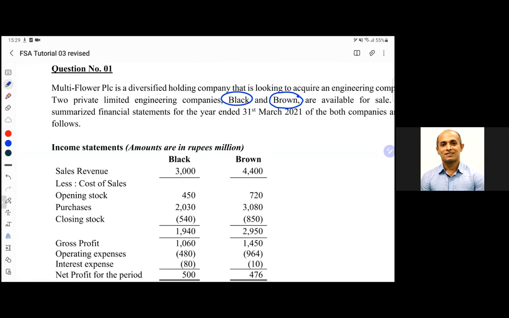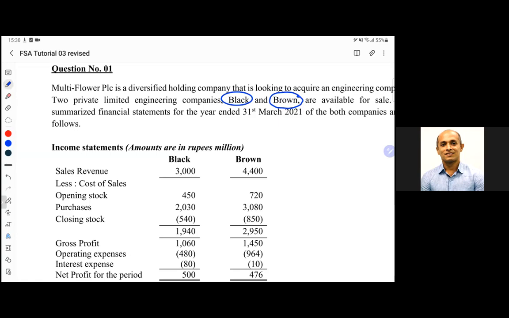So before doing the analysis, you can do a ratio analysis. You can do common size analysis and select the company to acquire. You can decide which company to acquire.